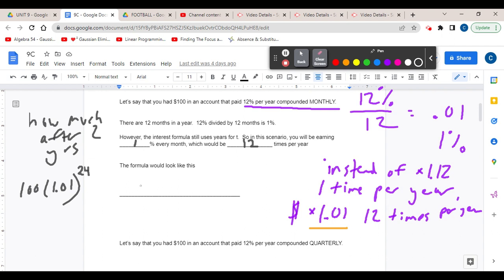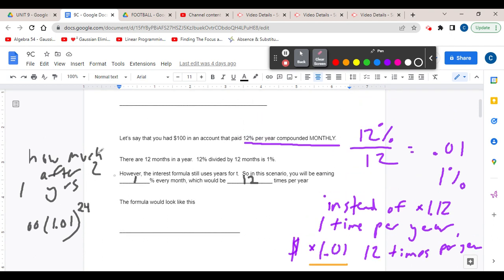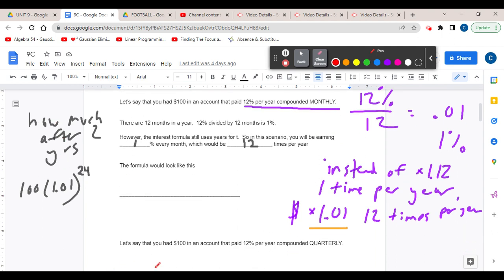On the original one up top, we had 100 times 1.12 to our number of years, t. Now, if the interest is compounded monthly, then my exponent needs to be in months. However, that's not really what the formula looks like, but this is what the formula is talking about.